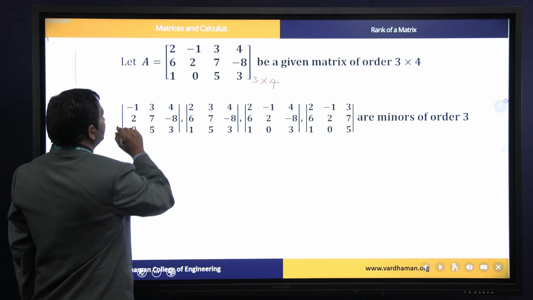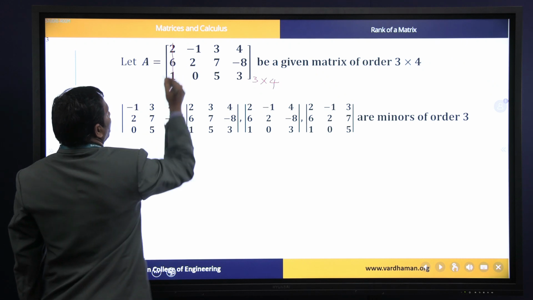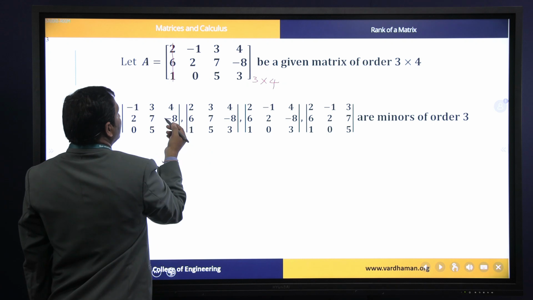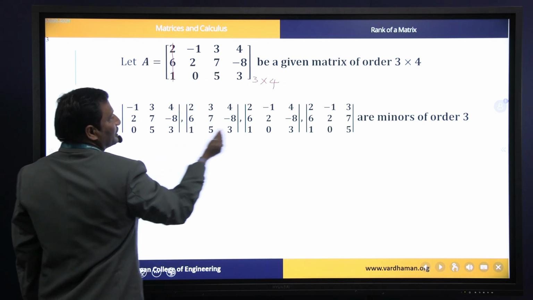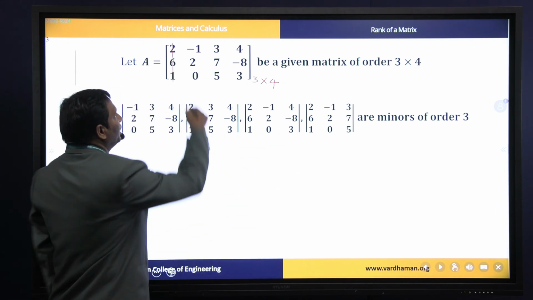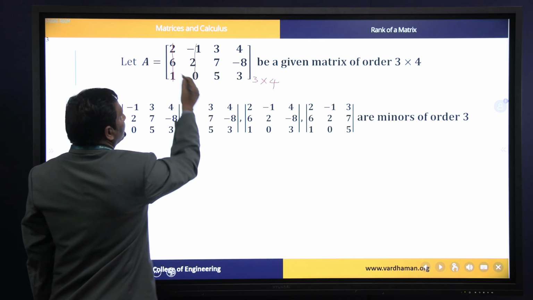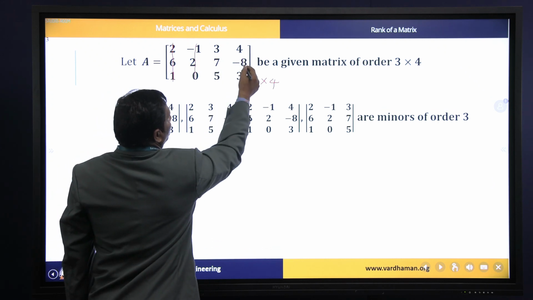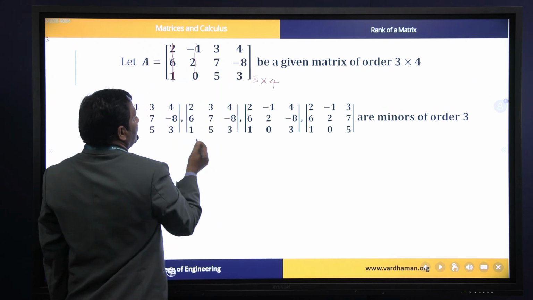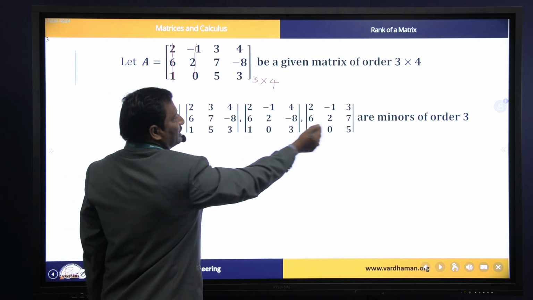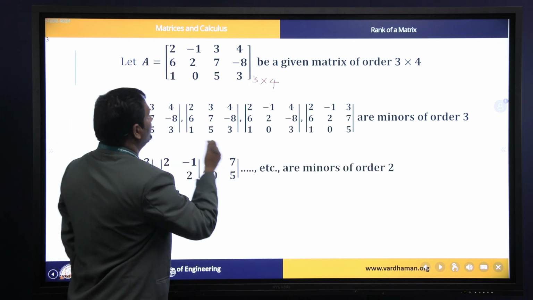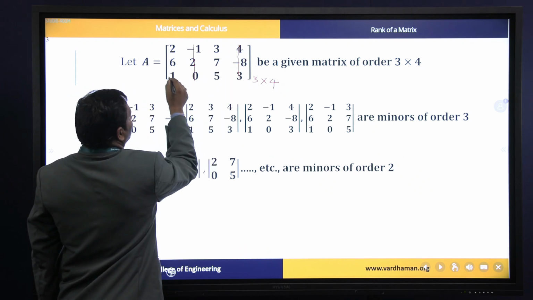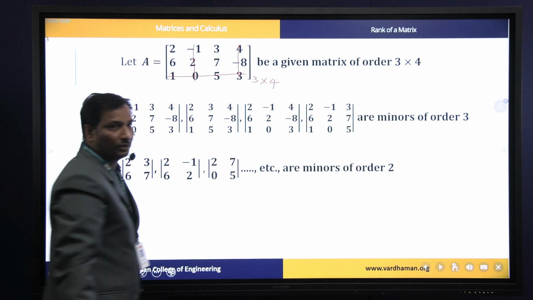If I remove the first column, then we'll get a submatrix, and if you take its determinant, it is called a minor of order 3. And if I remove the second column, then we'll get the remaining elements 2, 6, 1, 3, 7, 5 and 4, minus 8, 3. This is a submatrix, and its determinant we'll call a minor. Now we'll see the minor of order 2 by eliminating the second and fourth columns and the third row.